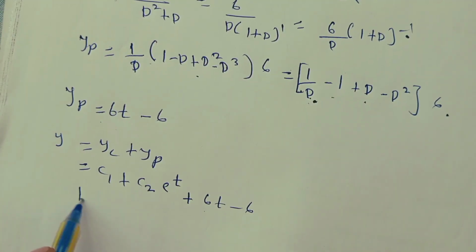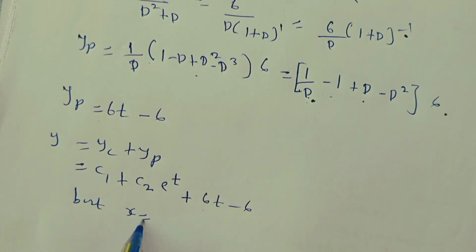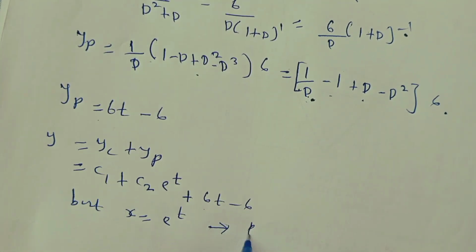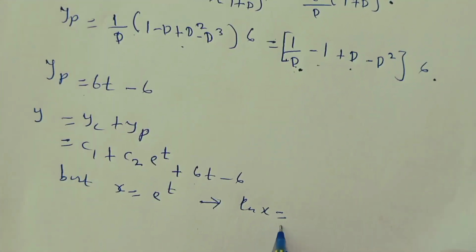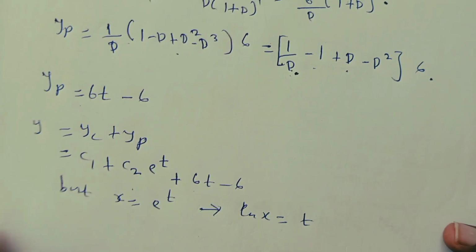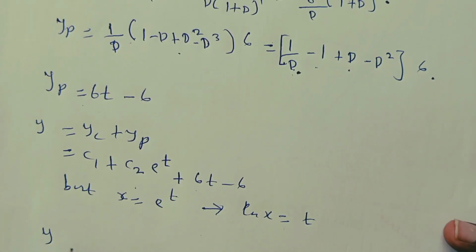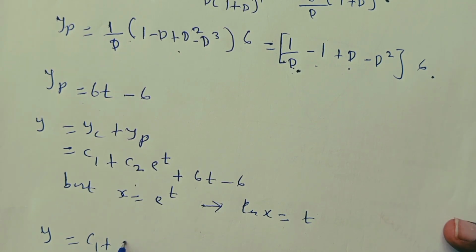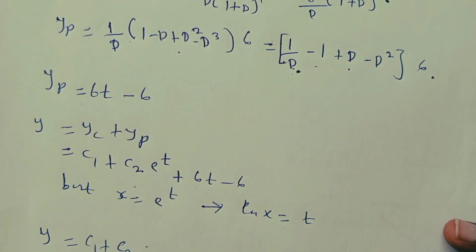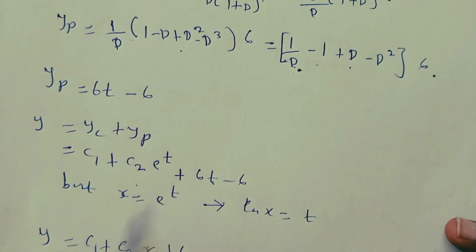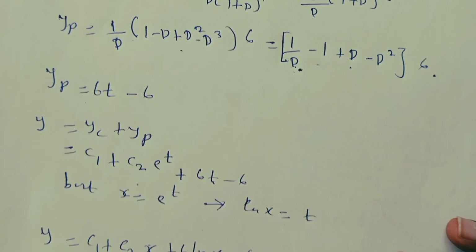We remember that we said that x is equal to exponential t and ln of x is equal to t. So we make those substitutions here so that now our y will be given by c1 plus c2 over x plus 6, instead of t we write ln of x, minus 6.